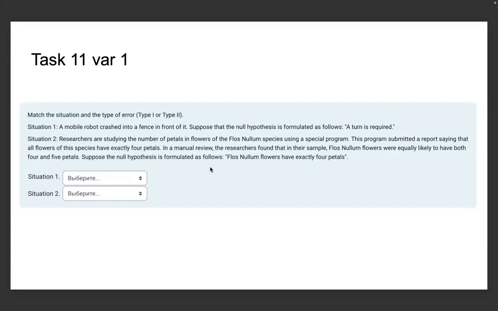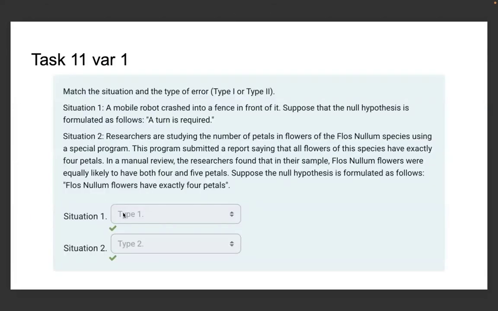So, because floss nullum flowers have 4 and 5 petals, the null hypothesis is false. And because of this, this error is type 2. Let's check our answers. Yep. In the first situation it's type 1, and in the second situation it's type 2.